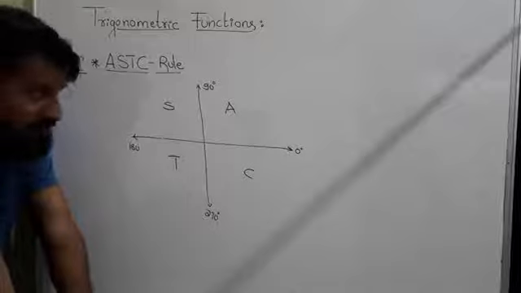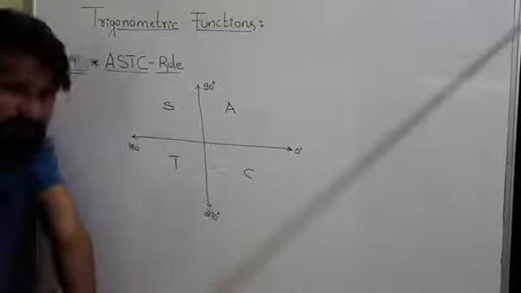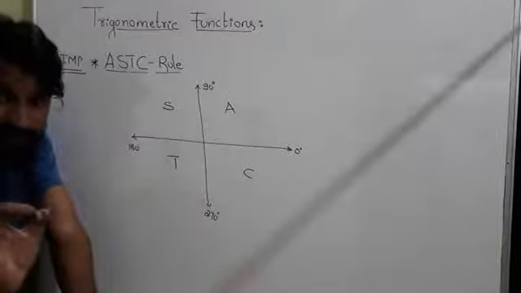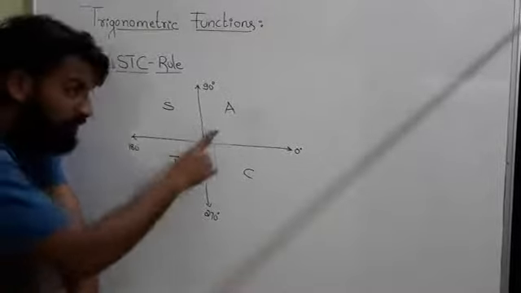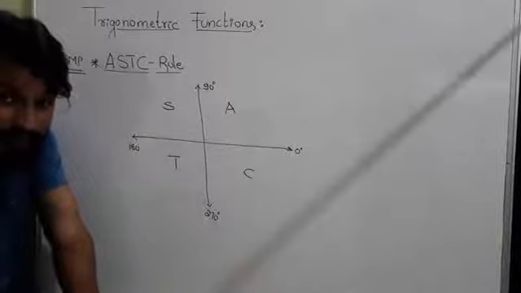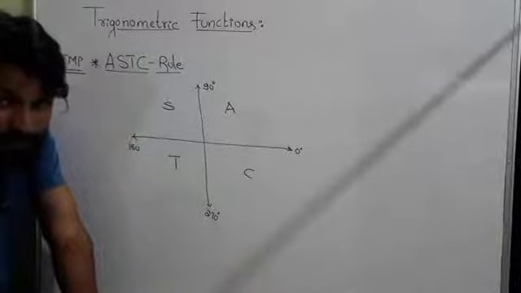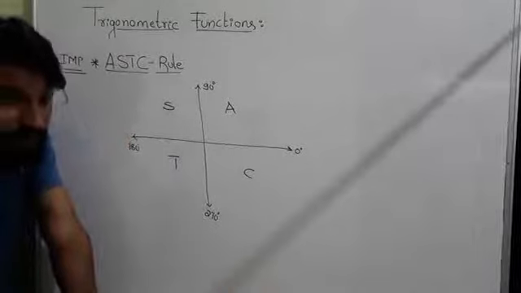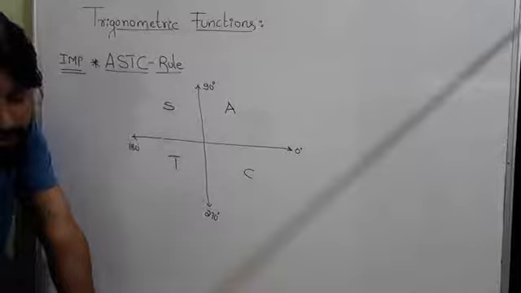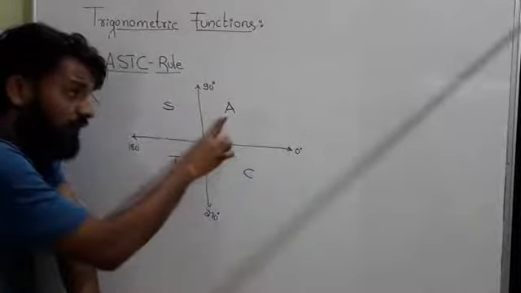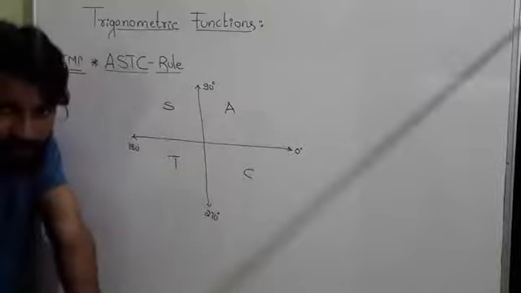How that will change is, in the first quadrant, all 6 trigonometric functions will give us positive values. Look, when you write the table for 0 to 90 degrees, in none of the cases did we get a negative number. Everything was positive. So for 0 to 90 degrees, all trigonometric functions have positive values.